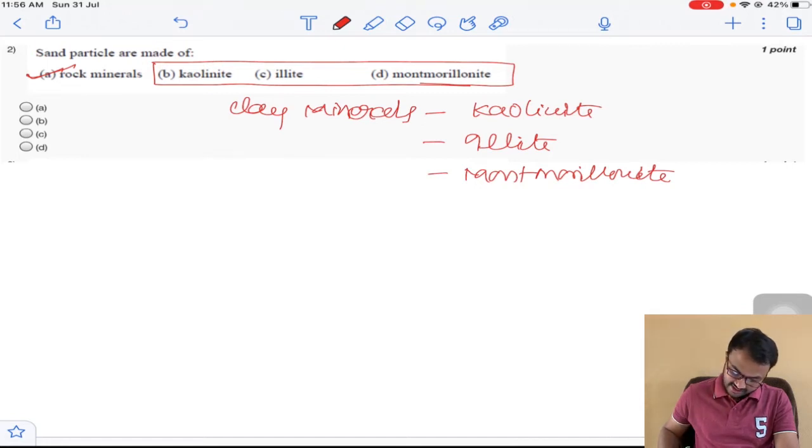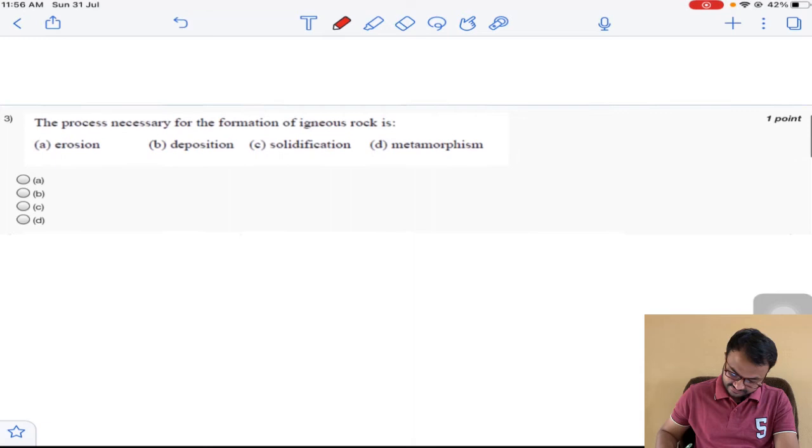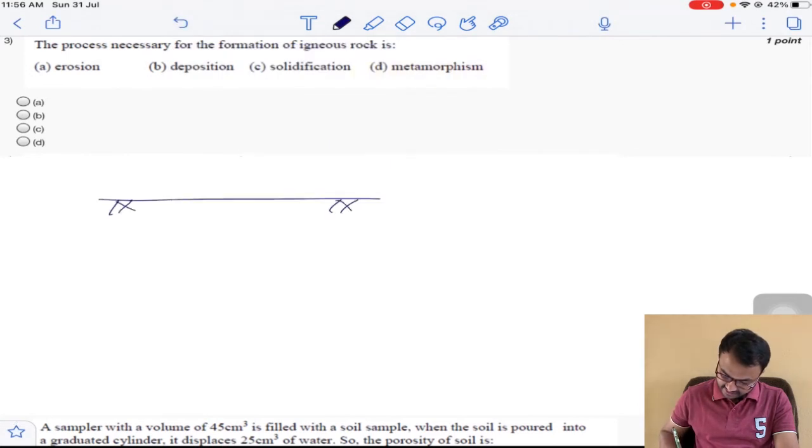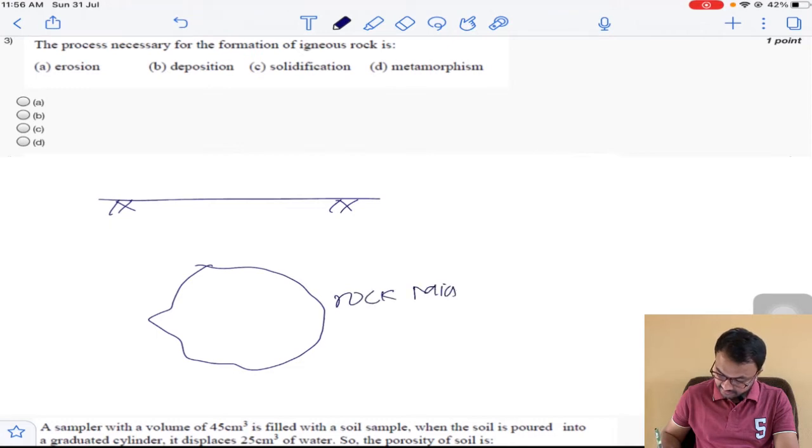Next question: the process necessary for the formation of igneous rock is. There is rock mineral, rock metal, inside the earth. For example, here is the ground surface. There is a lot of rock mineral inside the earth, which is called magma.